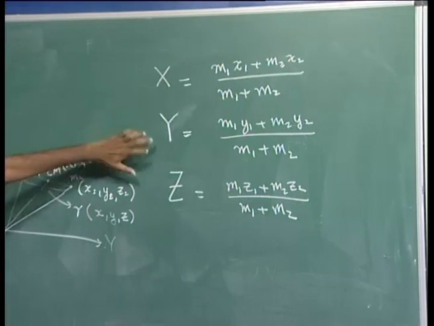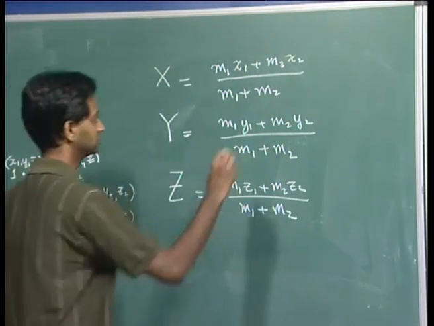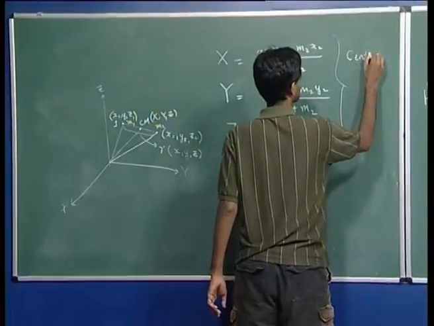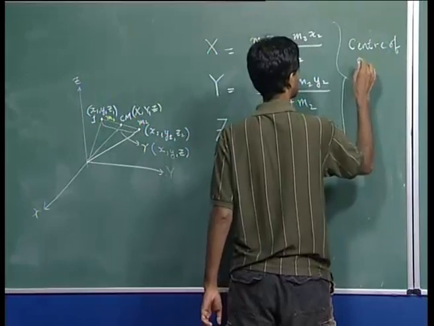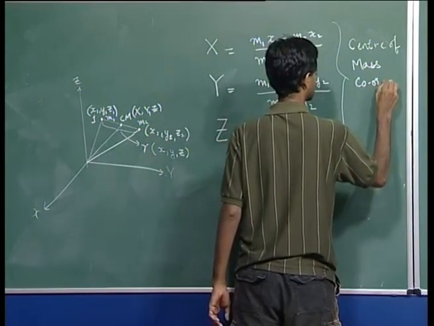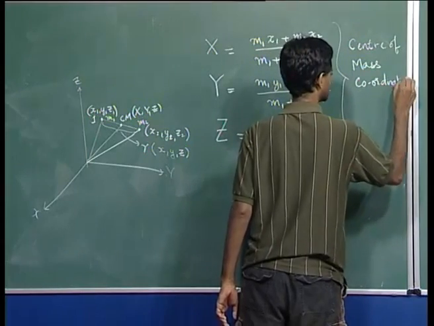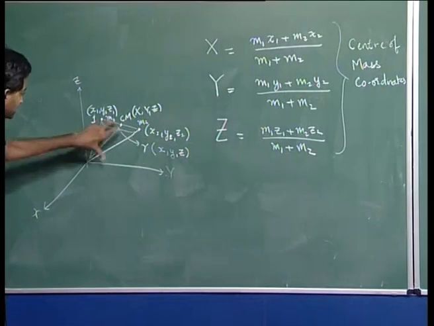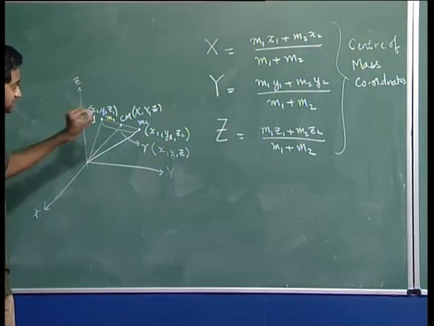So these define the center of mass coordinates. These three together are called the center of mass coordinates. This tells where the center of mass of this two body system is located.